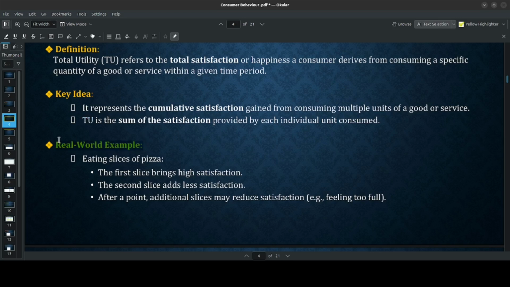A real-world example is eating slices of pizza. The first slice brings high satisfaction, the second slice adds less satisfaction. After a point, an additional slice may reduce satisfaction, as you feel too full.